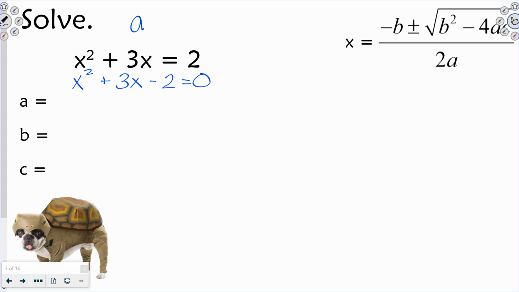So you want it in the form ax squared plus bx plus c equals 0. Then you can see where the a, b, and c are coming from in that formula. The a is the number with x squared, b is the number with x, and c is just the plain old number. All right, so what's your a value?